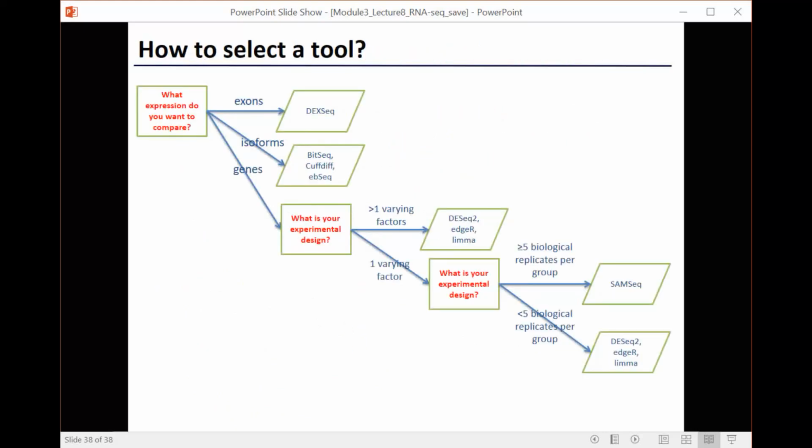So how to select a software? This is just a general guide. First, you need to know what expression level you want to compare: exon level, isoform level, or gene level. If it's gene level, then what experimental design? Is it a multiple factor or just a single factor?